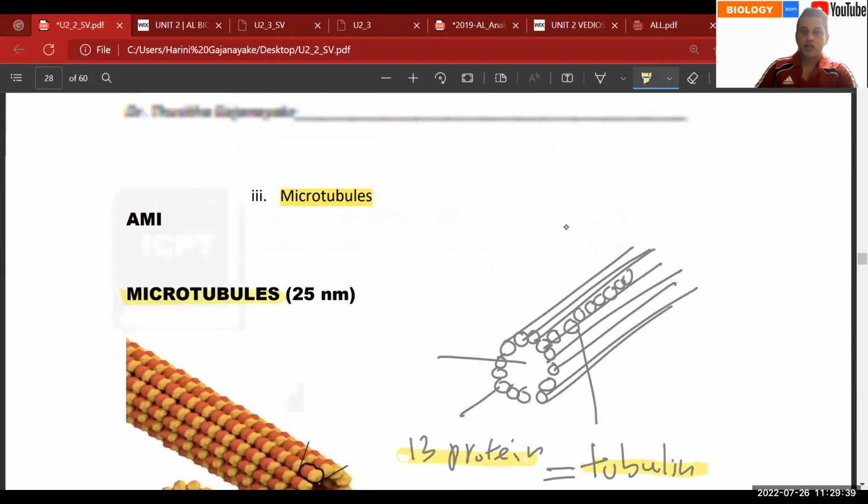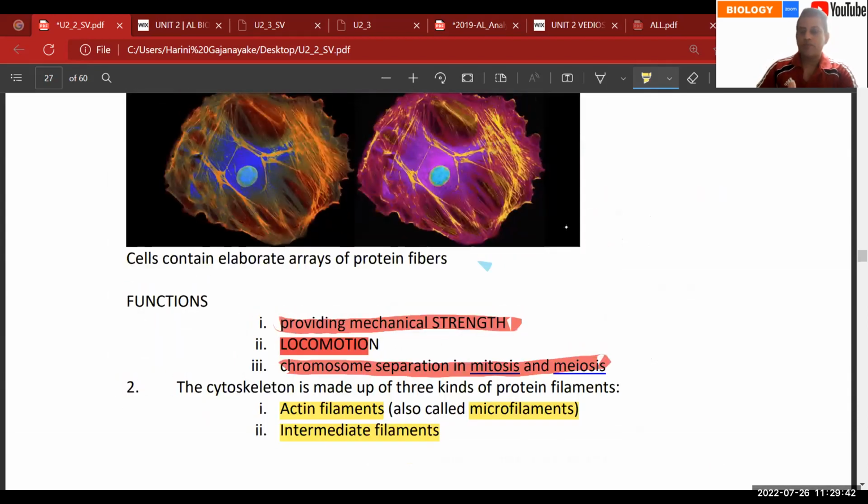So we have to always remember all these three filaments. If we take a single filament, they all are important for the strength of the cell.